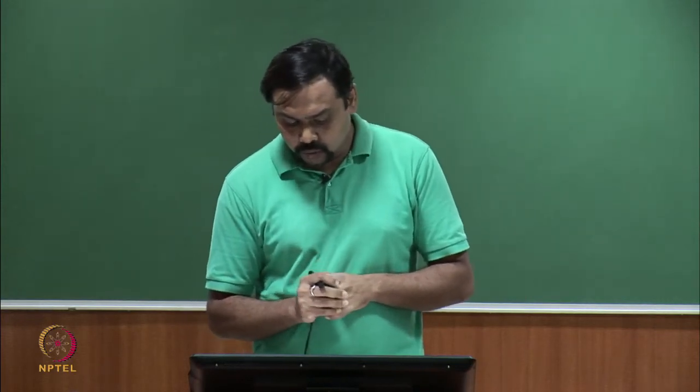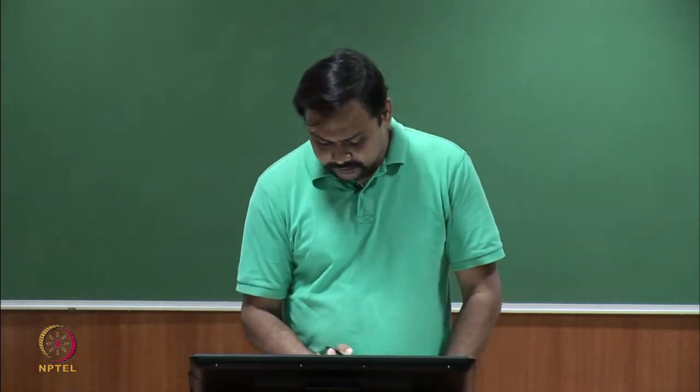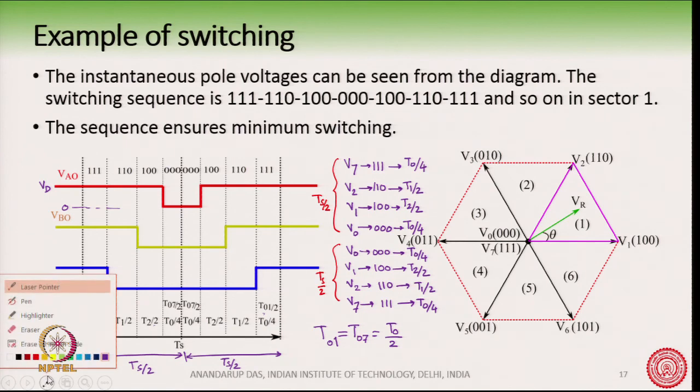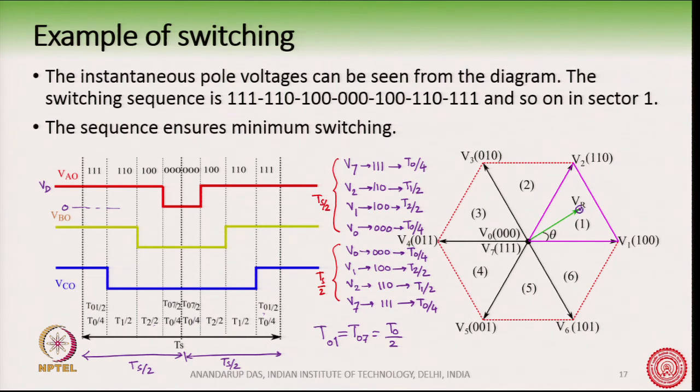Okay. So, this was the timing duration to realize the vector Vr, this was the vector which we want to realize. In the next time interval we can realize a reference vector here, and in the subsequent interval here, like this.